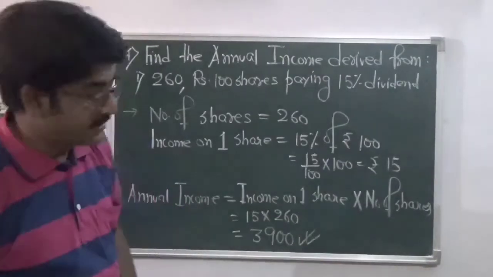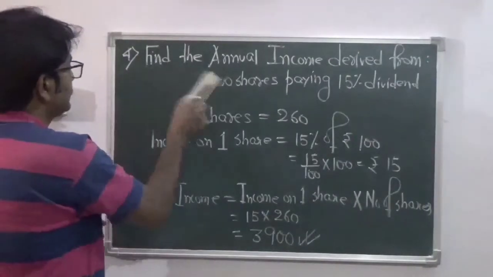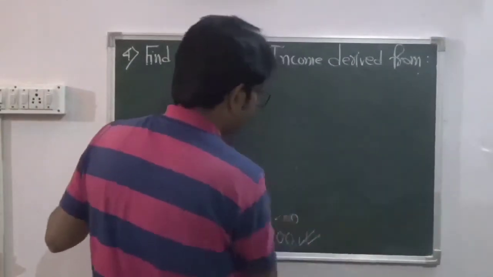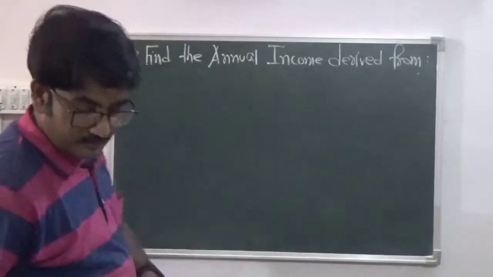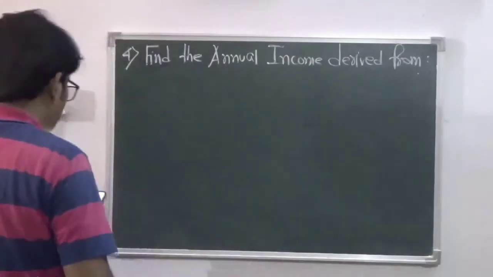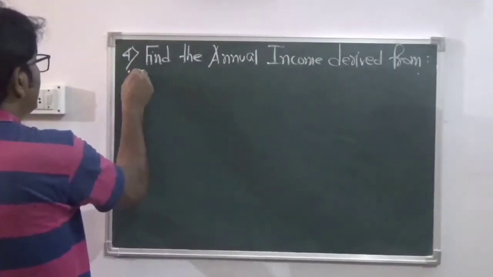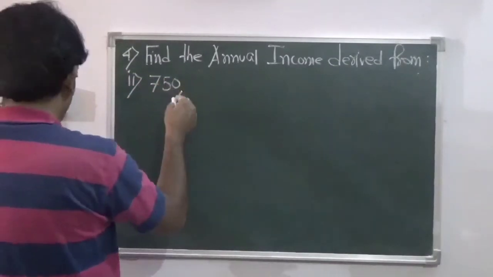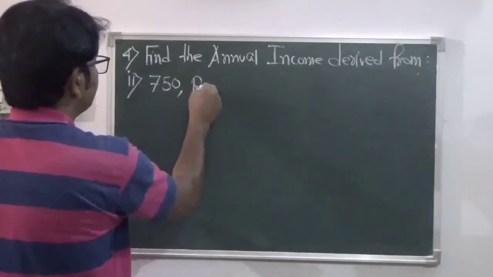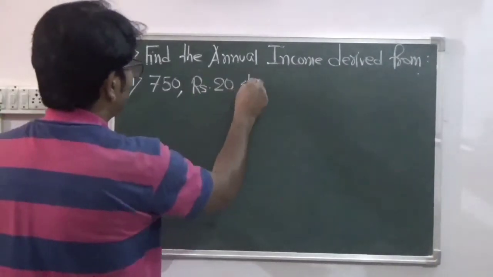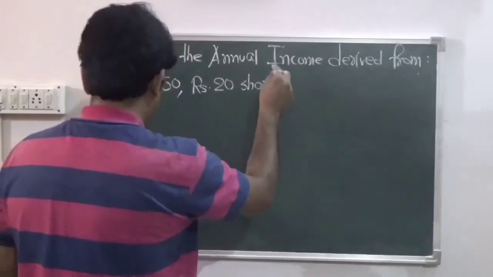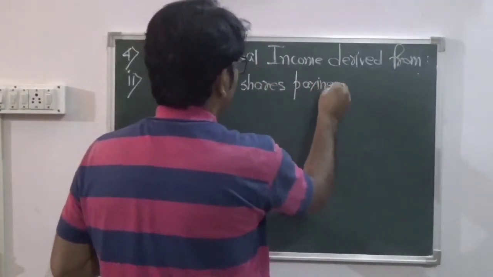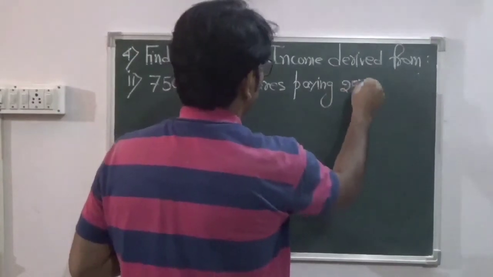Okay, now the part 2 of this question is 750 rupees 20 shares paying 25% dividend.